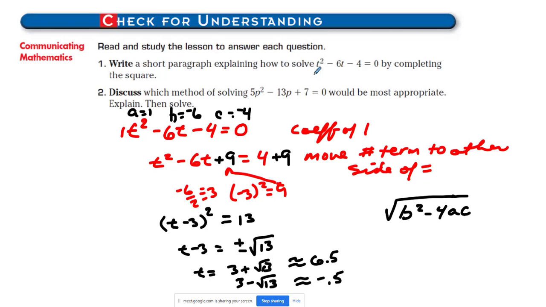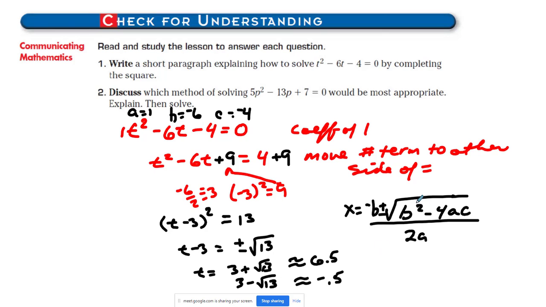They're not asking us to do that on this, but I just want to show how the discriminant works with the quadratic formula. Remember, x is equal to minus b plus or minus the square root of b squared minus 4ac, all over 2a. But this part here is the discriminant. We want to do that part first, always.